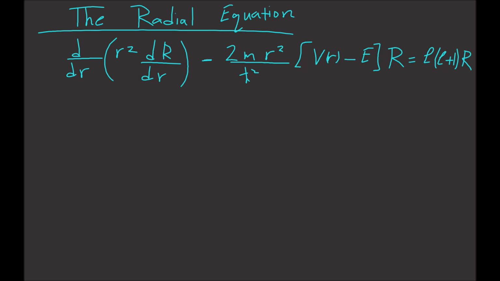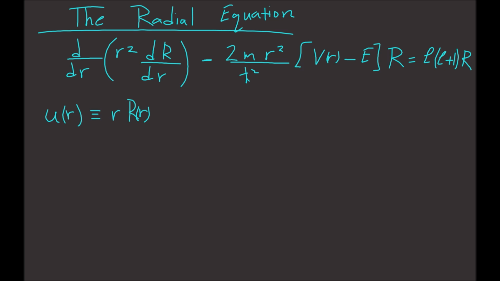It's going to make our life a lot easier and make us see things more clearly. So we're going to introduce this new function, u of r, and we're going to define it as r times big R of r.